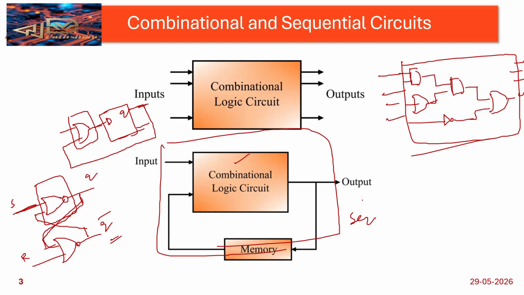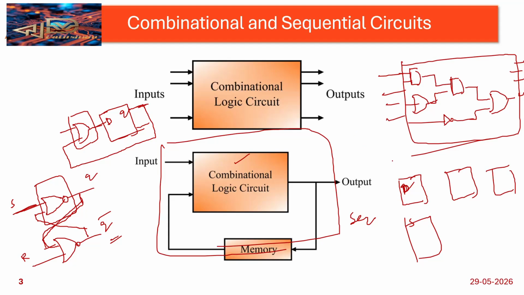If you want to design a register, only flip-flops we are using. Whatever flip-flops we are designing, D flip-flop, SR flip-flop, JK flip-flop, ultimately we design them through combinational circuits only.